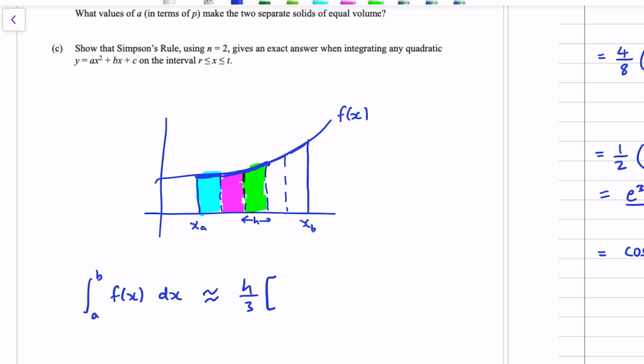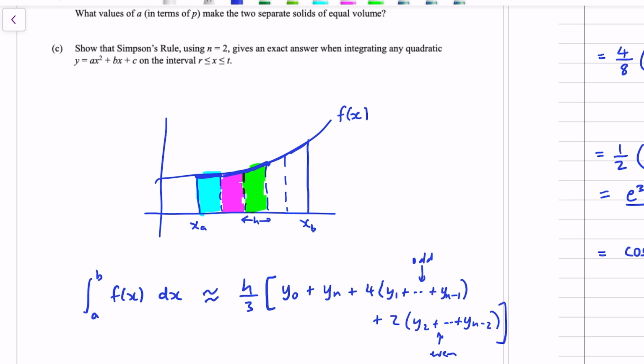Reading straight off the formula sheet, we've got y0 plus yn plus 4 lots of the odd ones plus 2 lots of the even ones. So that's odd, that's even.